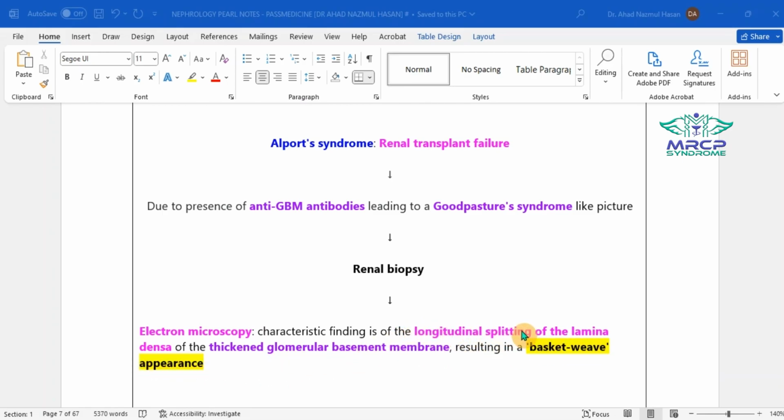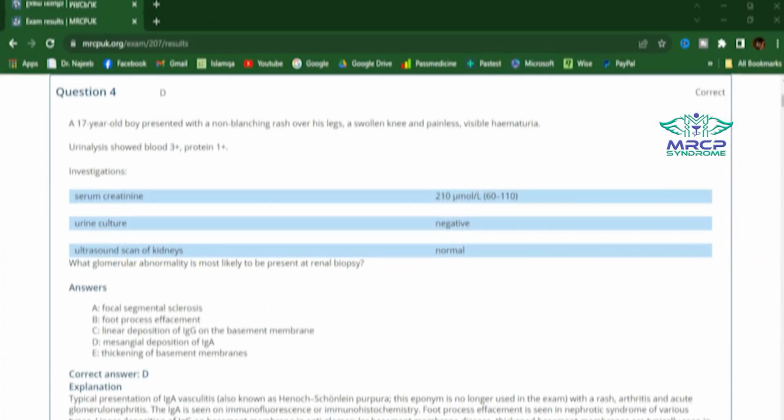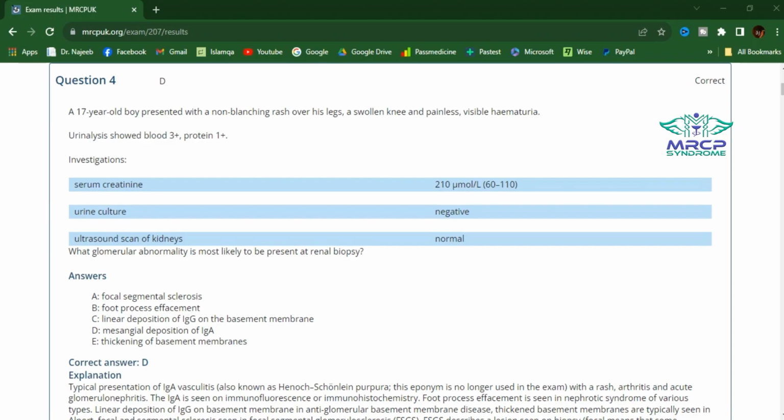And this longitudinal splitting is responsible for the hematuria. Patient with Alport syndrome usually presents with microscopic hematuria, not with the gross hematuria. And the absence of sensorineural deafness or ocular involvement is also excluding the Alport syndrome.